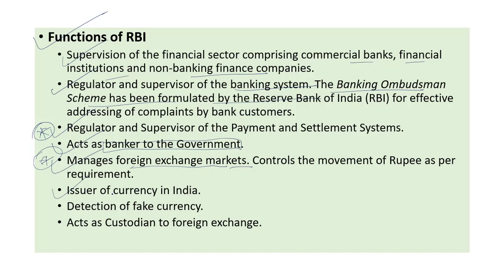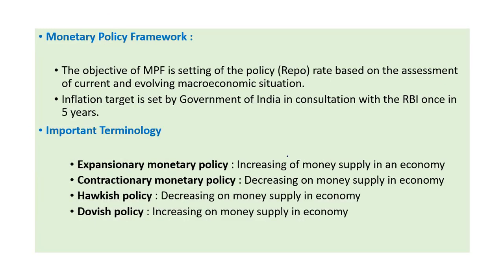Issuer of currency in India, obviously. Detection of fake currency. RBI has mechanisms to detect fake currency. It acts as a custodian of foreign exchange reserves. Okay, foreign exchange reserves. Normally, they are in dollars and some other benchmark currencies.